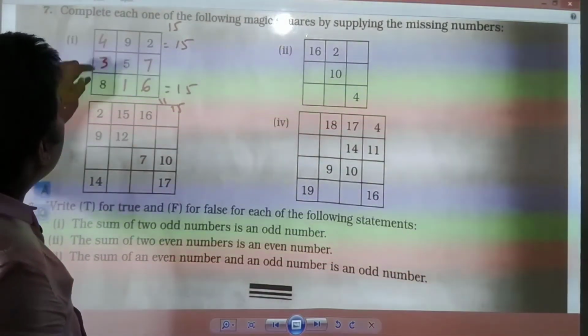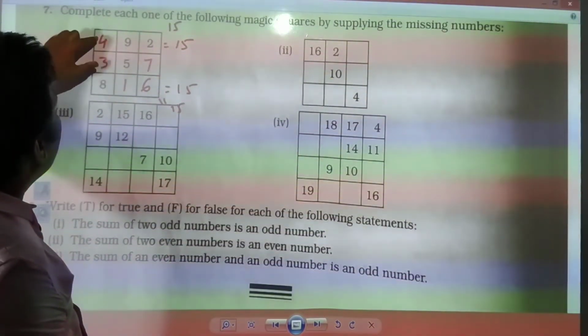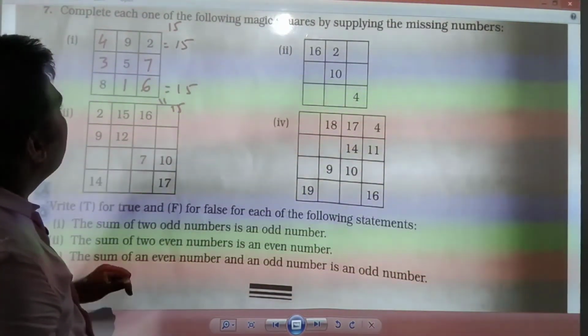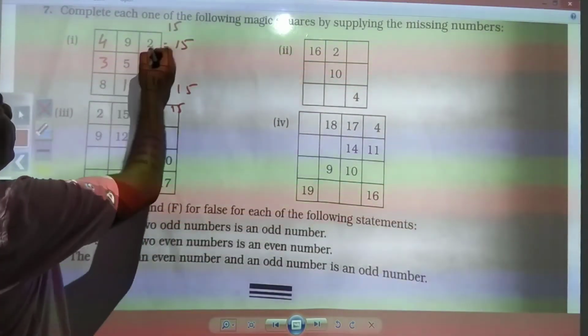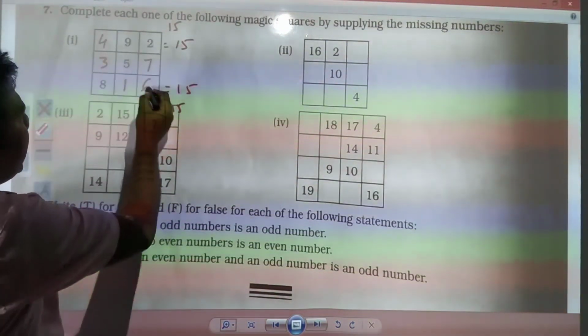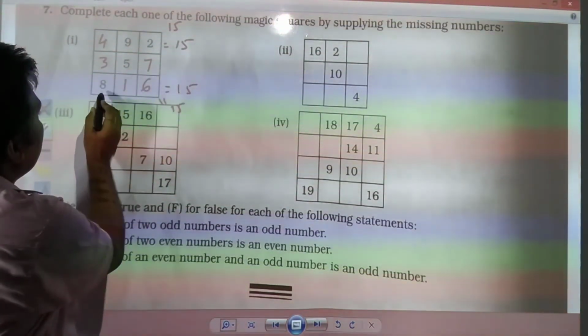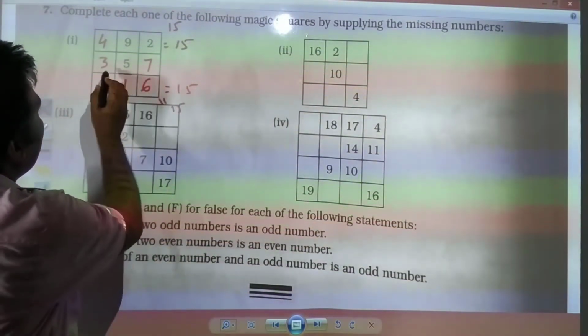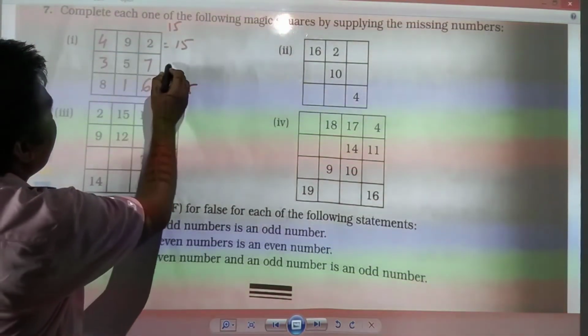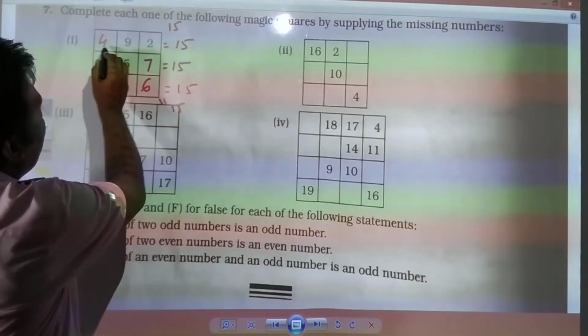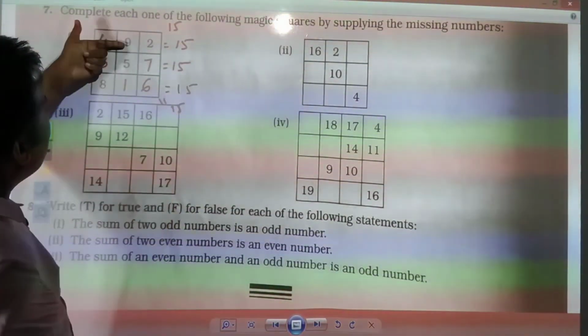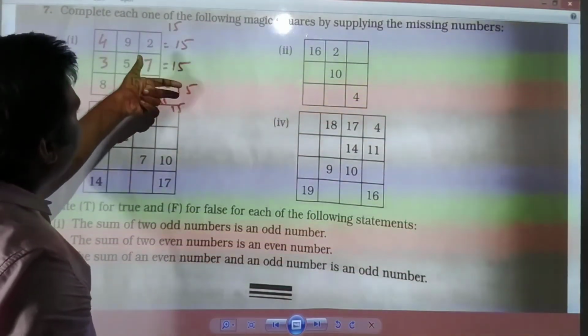Now you check this: 8 and 4 is 12, and 3 is 15. So in this diagonal you have got 15, in this diagonal also you have got 15. Horizontally, this is 15, 3 and 5 is 8 and 7 is 15. So all three horizontal lines you have got 15.